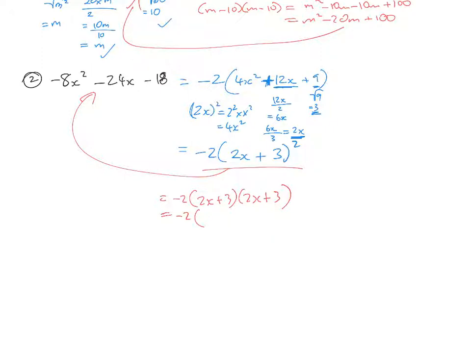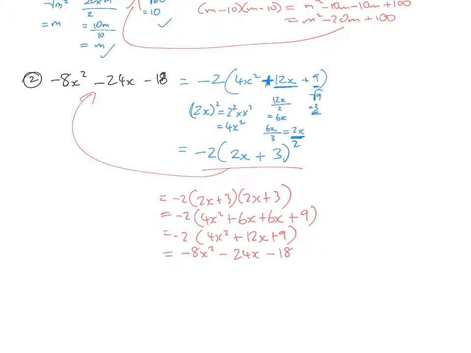First, 2x times 2x is 4x squared, plus outers, 3 times 2x is 6x, plus inners is also 6x, plus 3 times 3, 9. So 4x squared plus 6x and 6x is 12x, plus 9. And then multiply the -2 with everything, so -8x squared, -24x, -18.